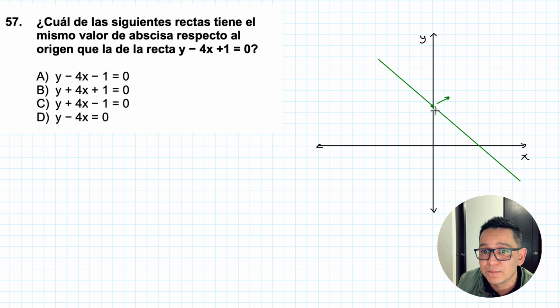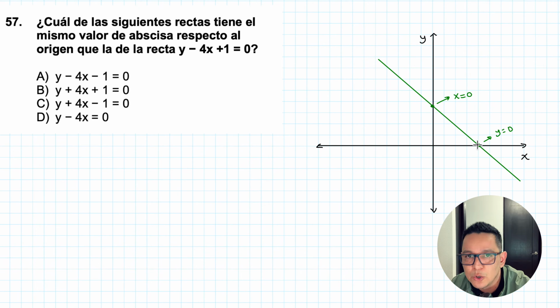At this point, you'll agree with me that x equals 0. I mean, I don't know what y is, but x is 0. Right? At this point, I'm pretty sure that y equals 0, right? Here, it would be something like 0, 0, since it's on the axis.